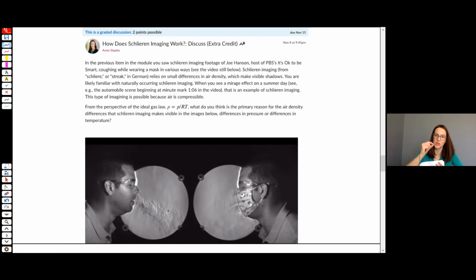You've got small sections of higher density, small sections of lower density. It hasn't completely mixed yet and become uniform temperature. So just a little note. If you're thinking of doing the extra credit problem for this week, it's just, which thermodynamic variable do you think is responsible for the changes in density? So if you came to this class, now you know the answer.